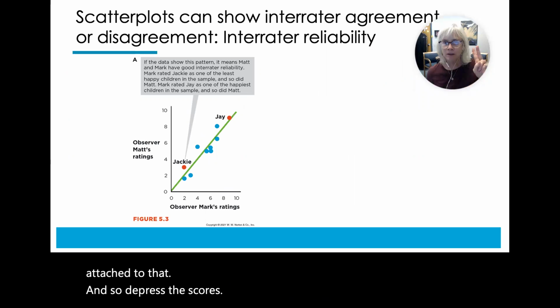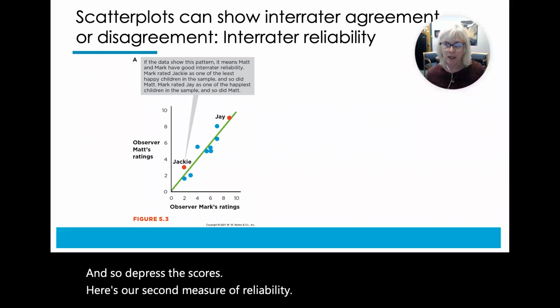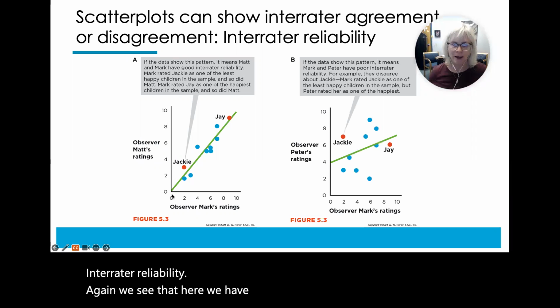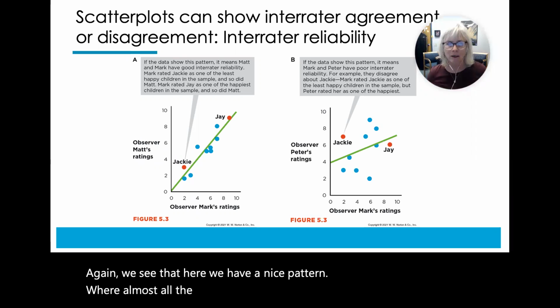Here's our second measure of reliability, interrater reliability. Again, here we have a nice pattern where almost all the children are rated similarly by both Matt and Mark.